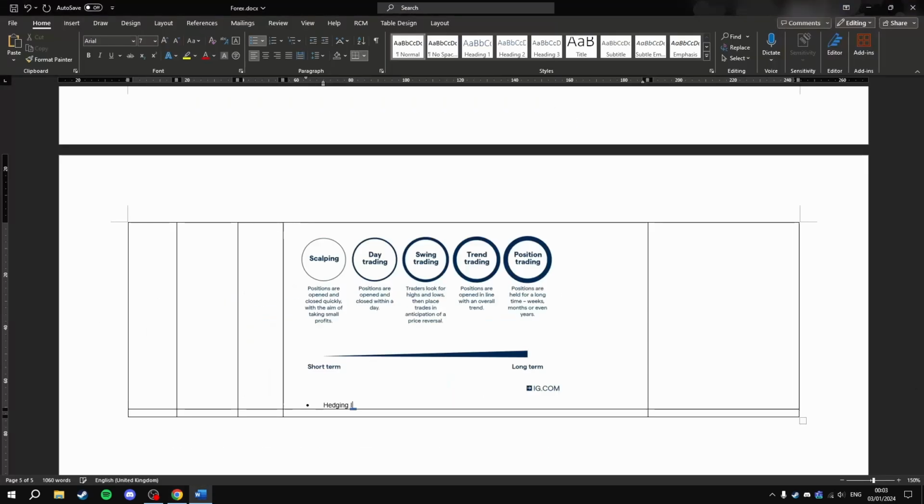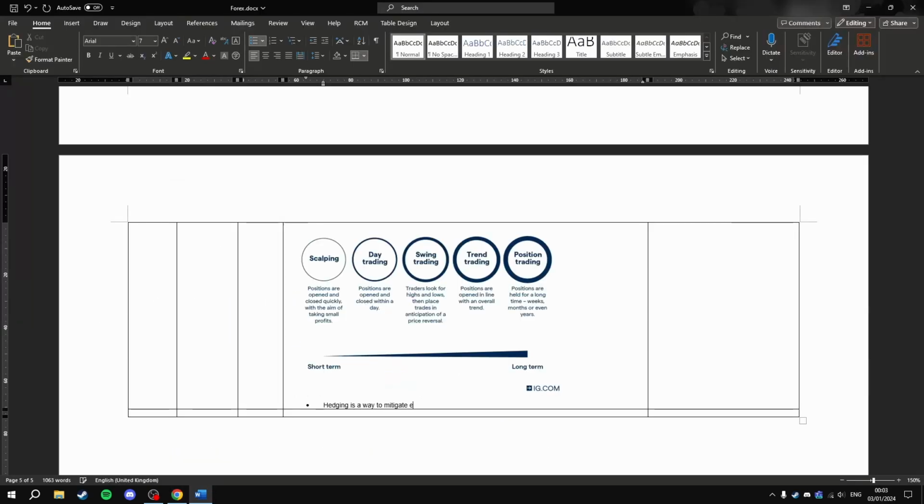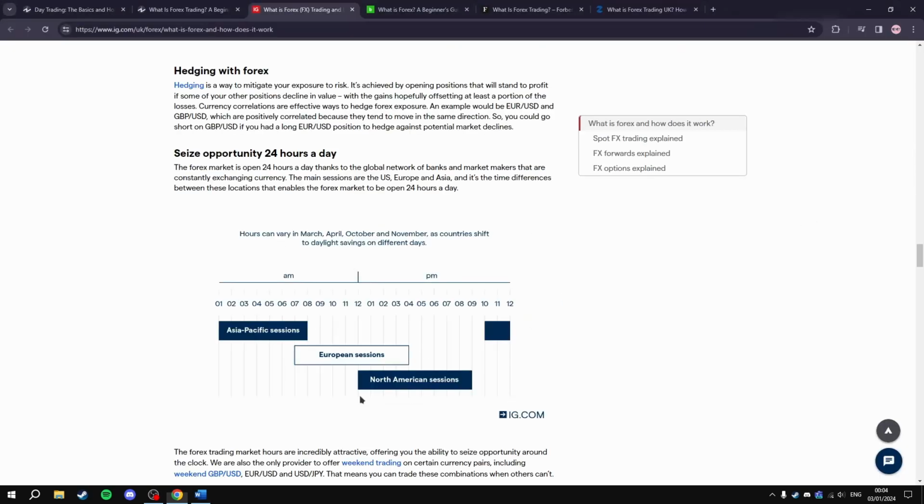Hedging is a way to mitigate exposure to the risk of losing money. I should write that.